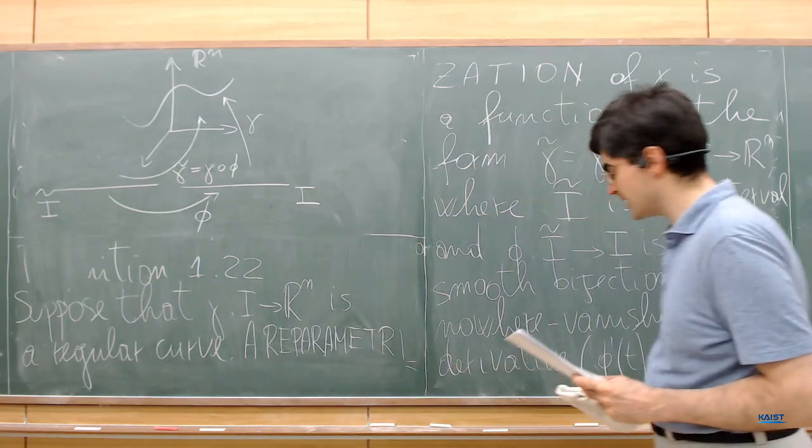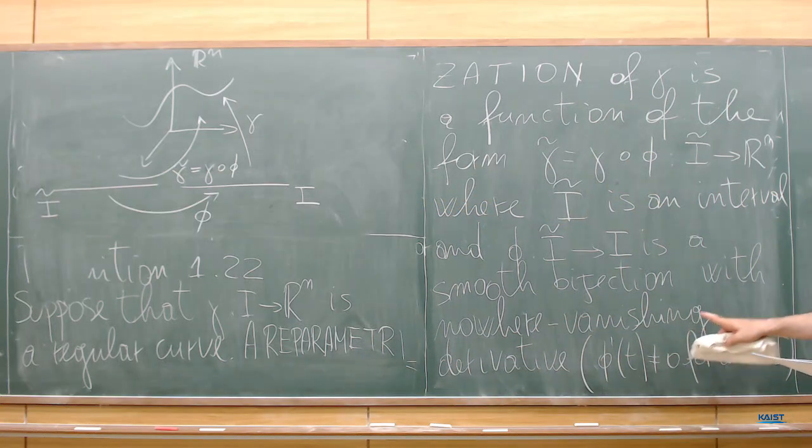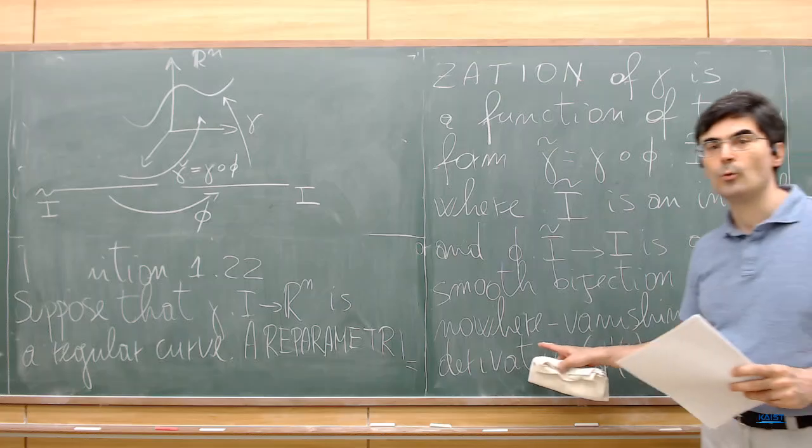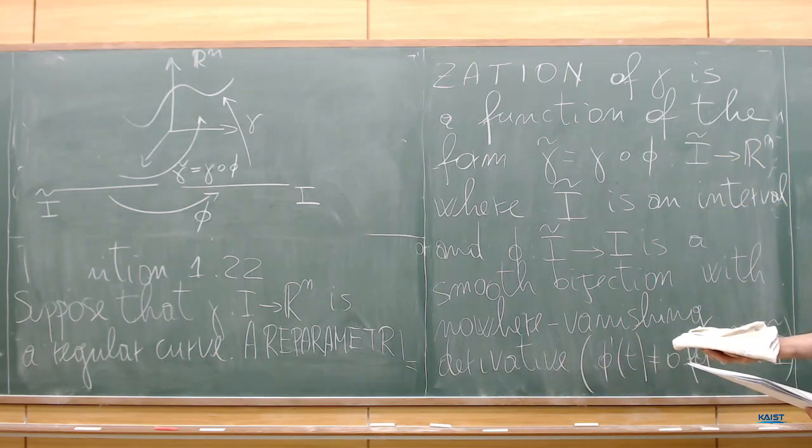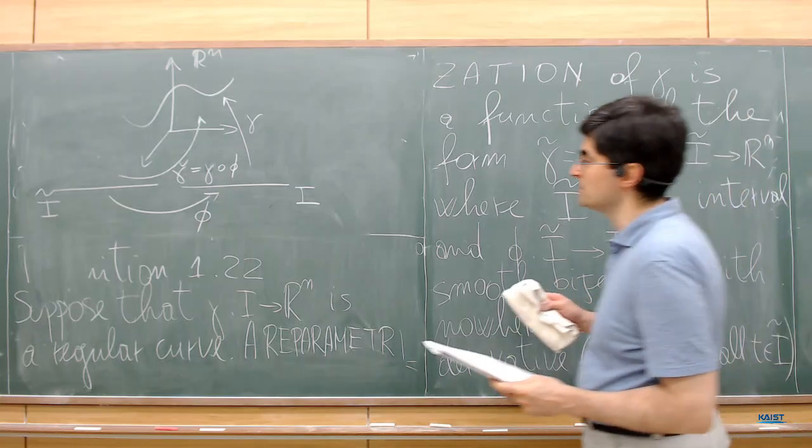This definition says that phi must have nowhere vanishing derivative. Let's see what is the consequence of this.